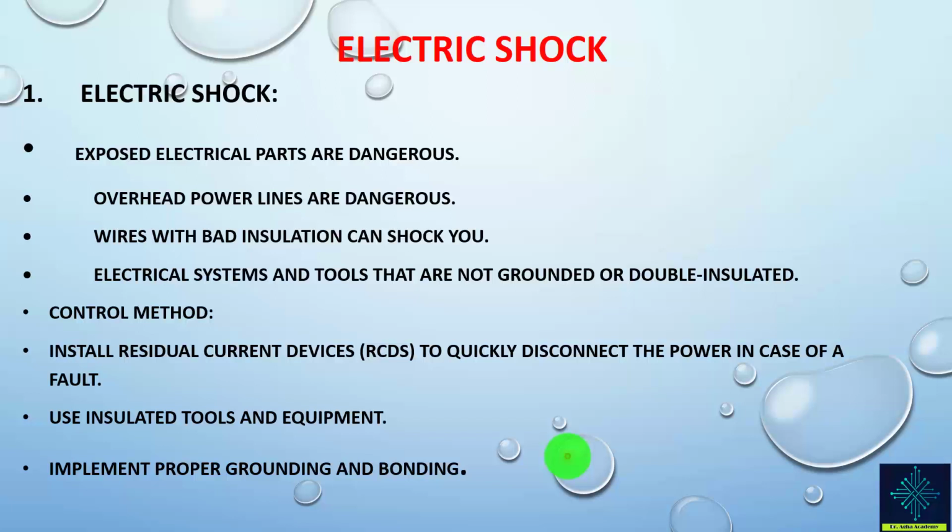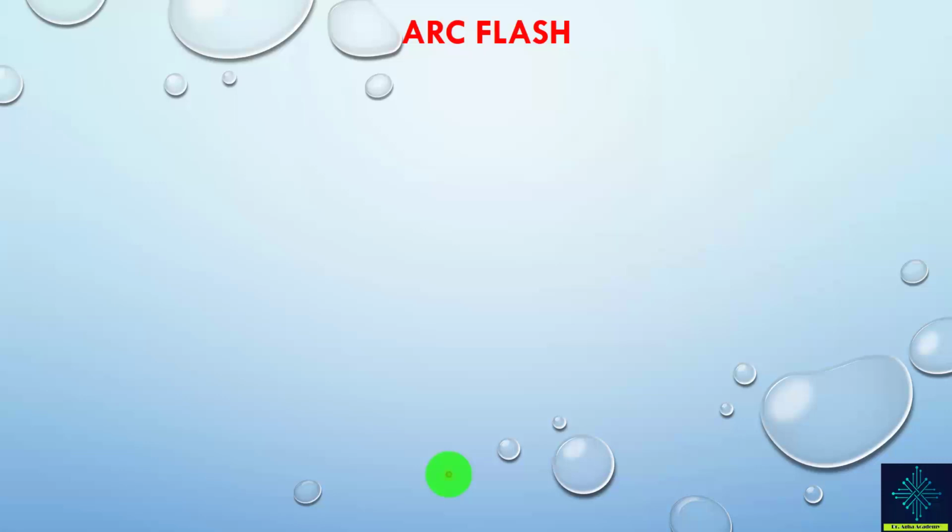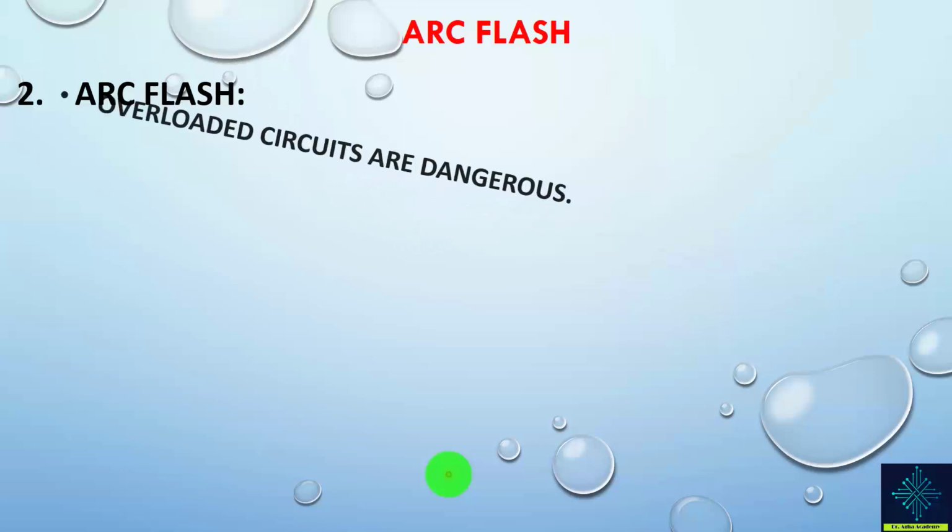Proper bonding between the ground and the neutral is something essential to prevent electric shock. We might talk in a separate lecture about grounding and bonding. Please tell me in the comments if you really want something like this.